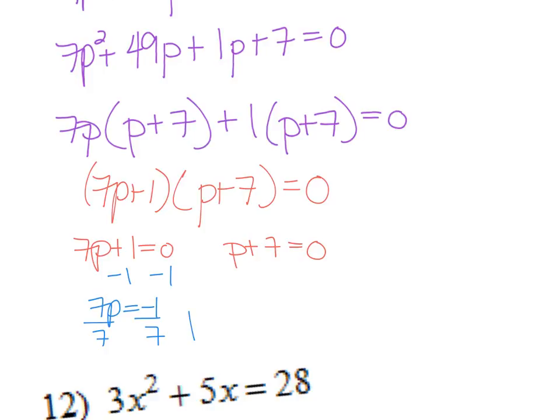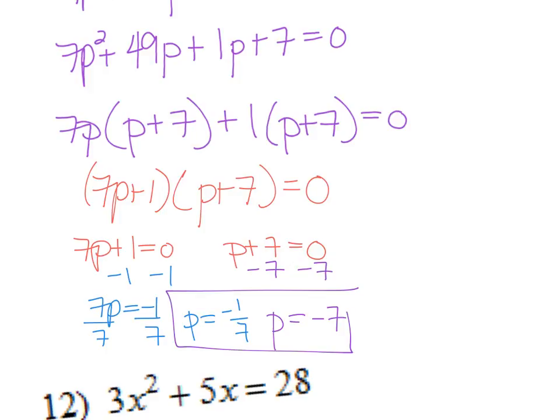And then I get p equals negative 1/7. It is okay if you have a fraction. It doesn't reduce anymore, so I would just keep it as that. Then I have p plus 7 equals 0. I'm going to subtract 7 from each side. I get p equals negative 7. So these are my two answers I should have gotten to solve for p.